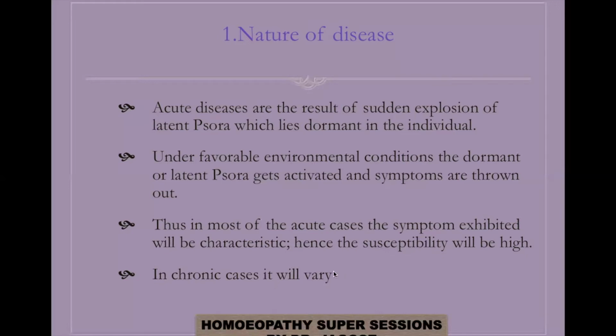But to cut it short, in a chronic case, if there is no suppression taken place, or if the susceptibility is not being tampered with or suppressed, then naturally the expressions which the patient will give through the signs and symptoms will be generally characteristic in nature. So if in a chronic case the symptoms are characteristic, susceptibility is high, and in a chronic case, if the symptoms are common, the susceptibility is low.